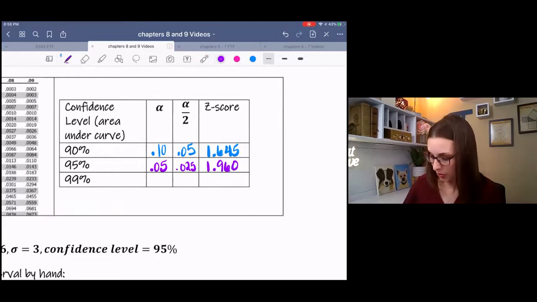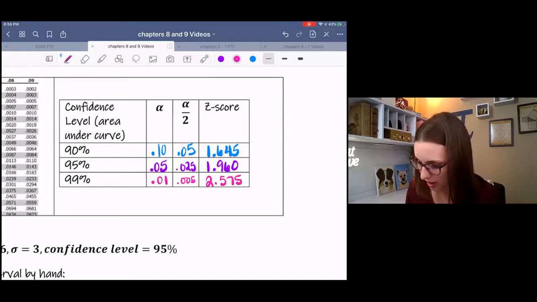And then for 99%, 0.01 divided by 2, the z-score is 2.575. So these confidence levels are associated with these z-scores.